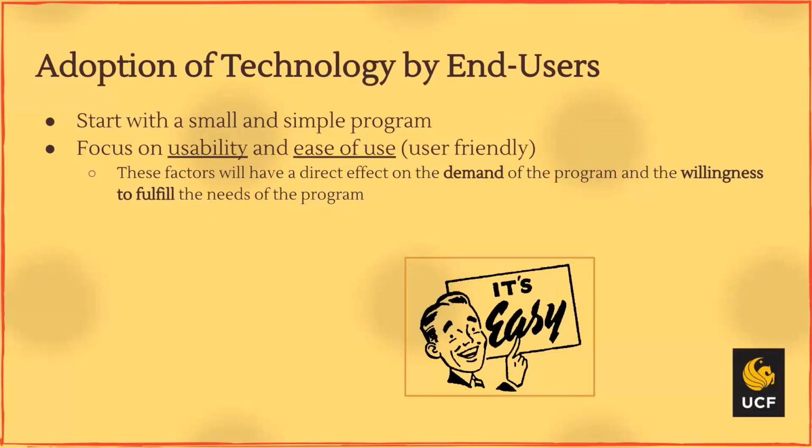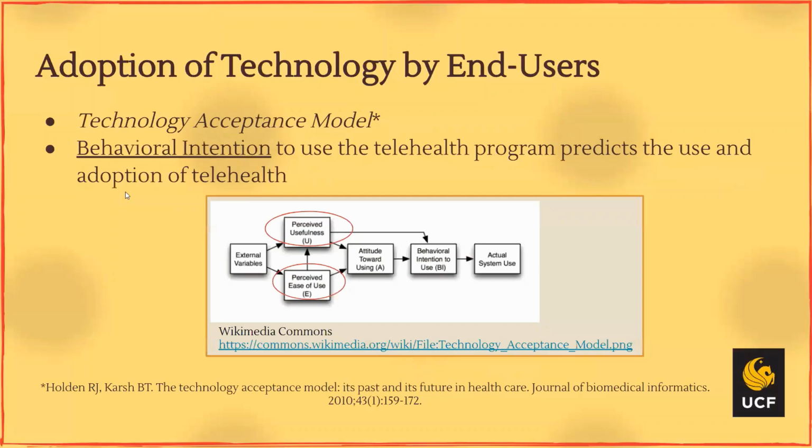And this is important because you want the program to remain easy to use, and a program that is useful. And this is based on the technology acceptance model that defines that programs that are useful and programs that are easy to use influence the behavioral intention of the users to actually use the program.